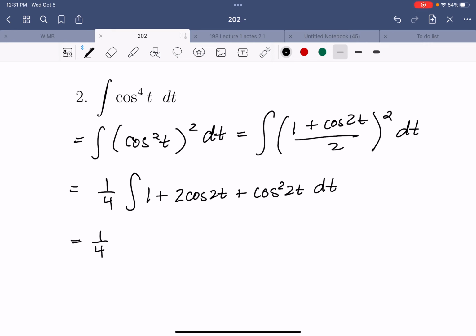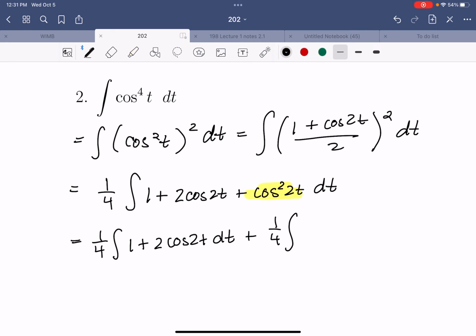Those first two are fine. Integral of 1 plus 2 cosine 2t, I have antiderivatives for those. But for cosine squared 2t, I'm going to use that double angle formula again. So I'm going to have 1/4 times the integral of, and cosine squared 2t right here.